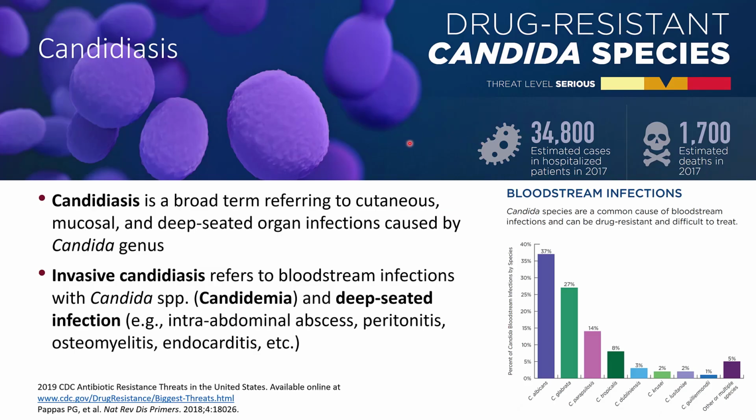Now let's focus on candidiasis. So drug-resistant candidiasis has been a serious threat per the CDC levels of emerging threats. And you can see different species of candida. So candida albicans causes the most infections, and this is specifically in the blood.